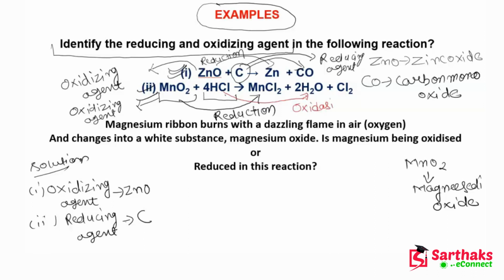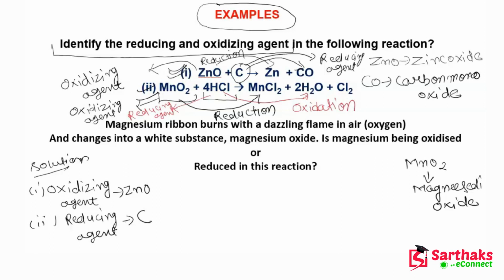Basically, oxidation is taking place here, so that's why this HCl is a reducing agent, because it is getting oxidized into H2O.